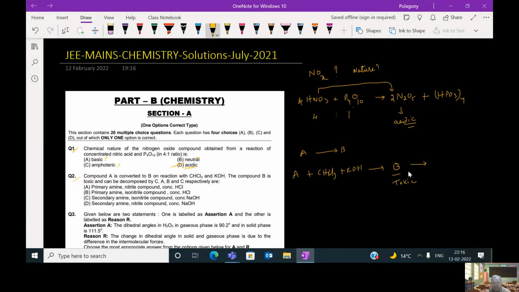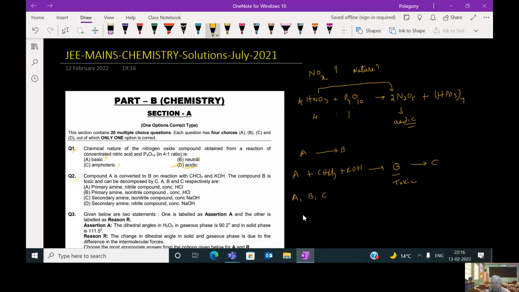So we should find out the A compound, the B compound and the C compound from this. Now let us see, A compound reacts with chloroform and KOH, giving a toxic compound.